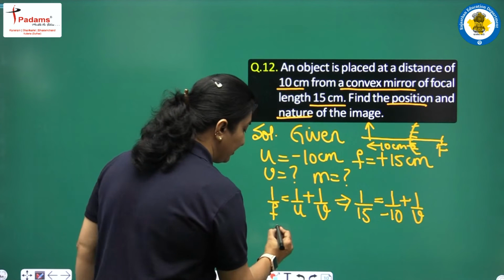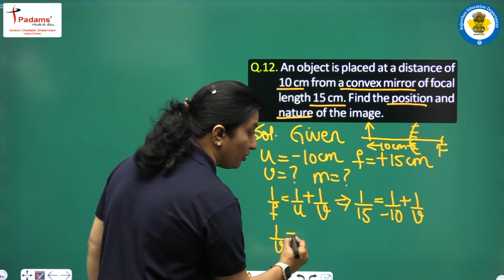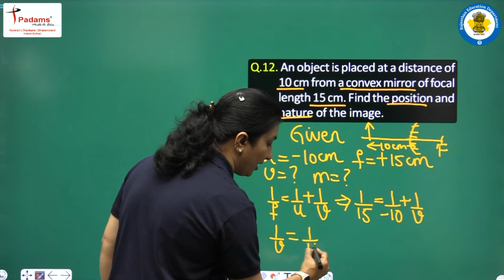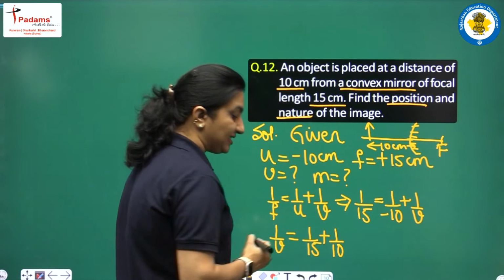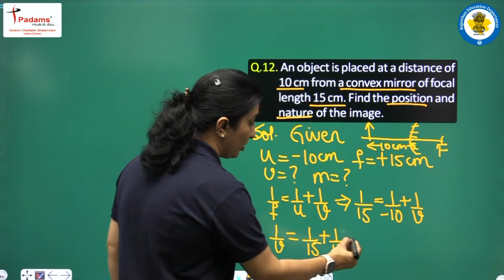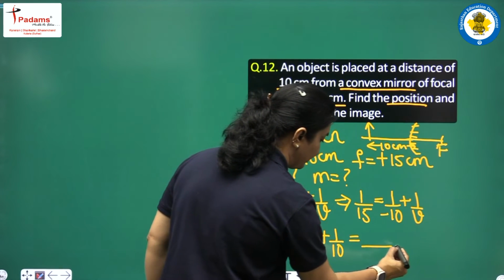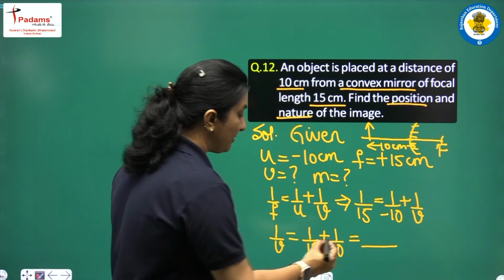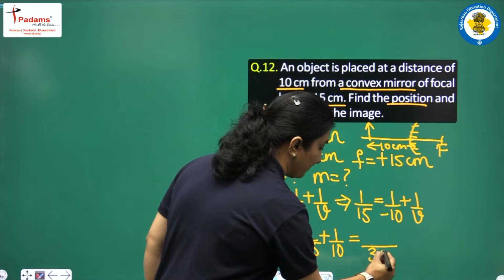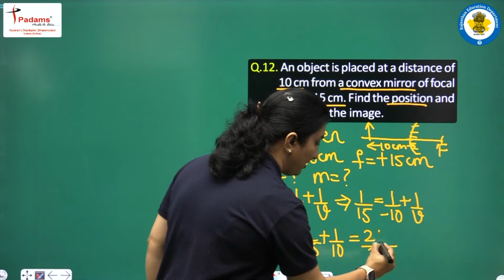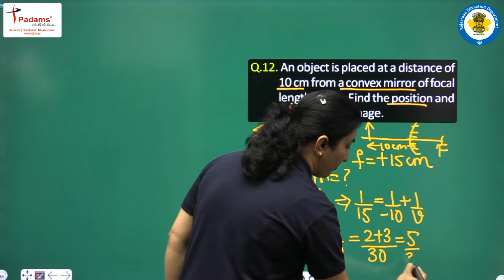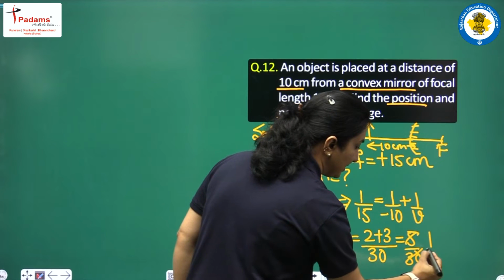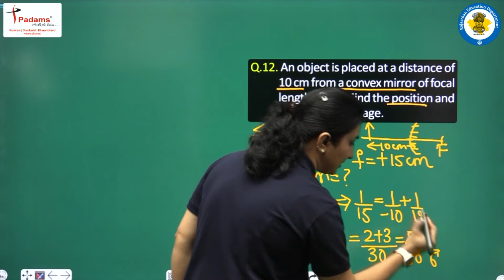On rearranging, 1 upon v becomes equal to 1 upon 15 plus 1 upon 10. Right students? Now if I take the LCM, the LCM can be taken as 30, 15 2s are 30 and 10 3s are 30. So this will become 5 upon 30, that is 1 upon 6.